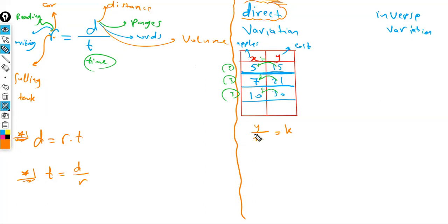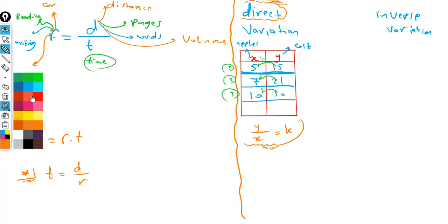The quotient equals a constant number. The division between y and x is a constant. Okay? This is the equation of the direct variation. Now, any question about the direct variation? The change should be the same, increase with increase or decrease with decrease.